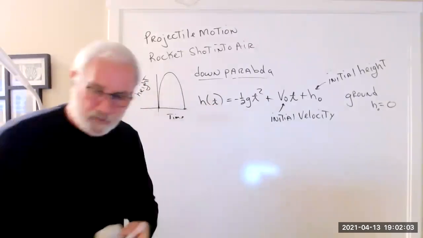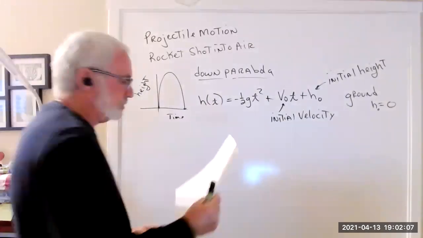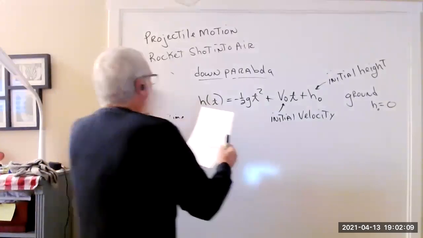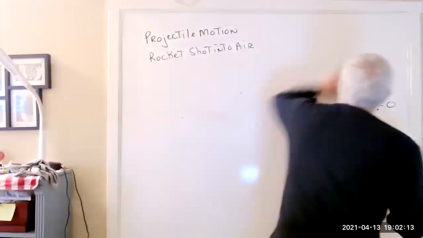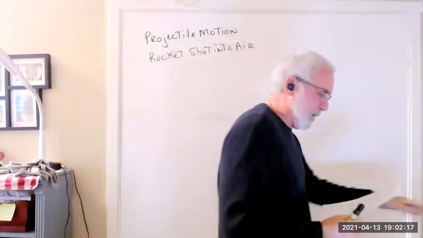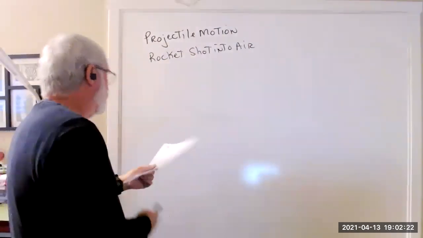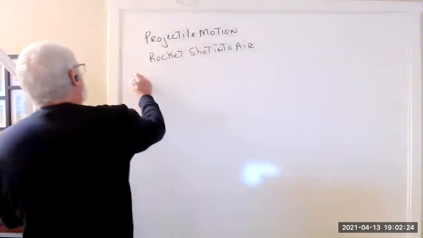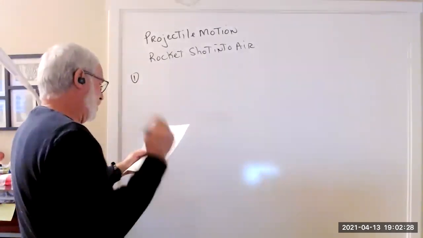All right. So on the handout, the first problem, and if you didn't get it, if someone could copy and paste that into the chat, that'd be great. It says number 1, a projectile is fired straight upward from the ground.